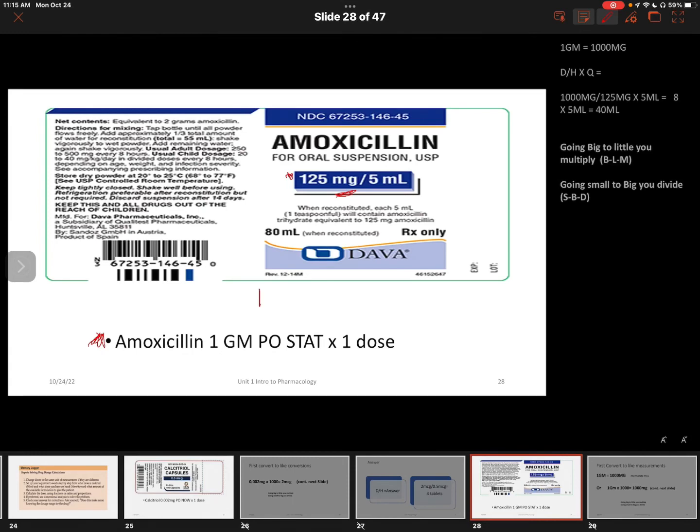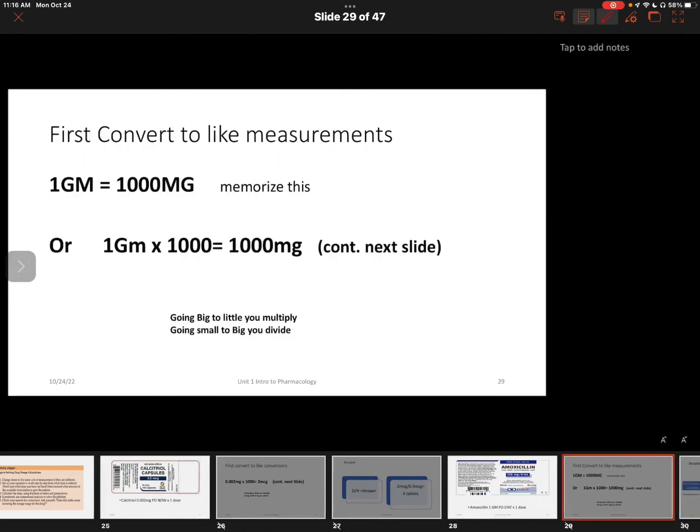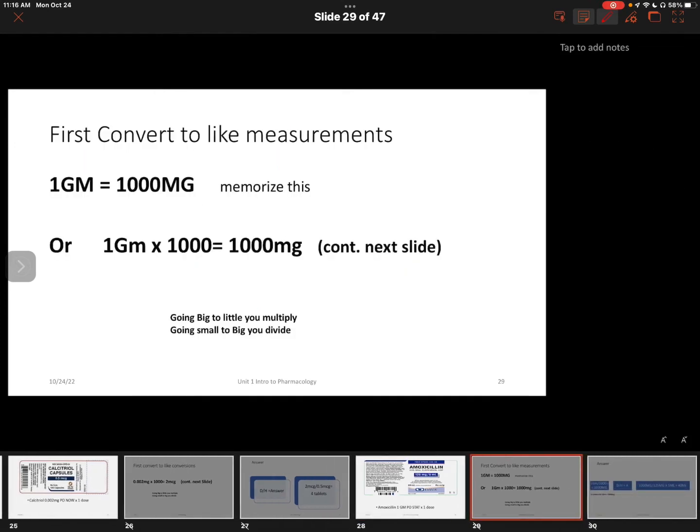So 1 gram, this is big, gets multiplied by 1,000, and that gives us 1,000 milligrams. Or you can memorize that 1 gram is equal to 1,000 milligrams.